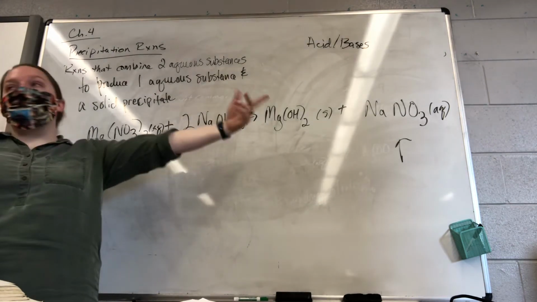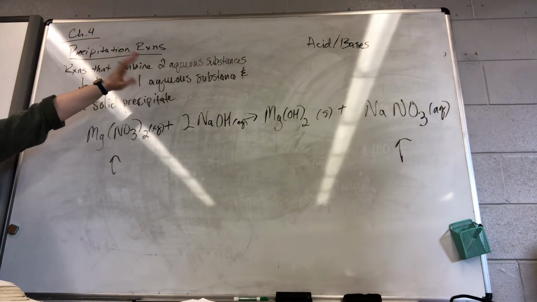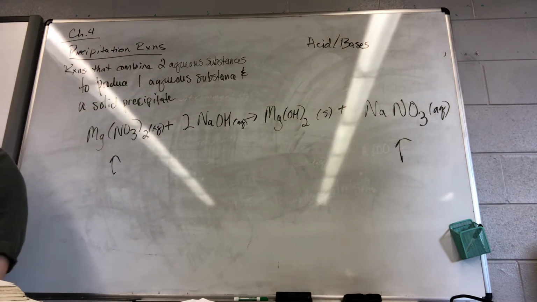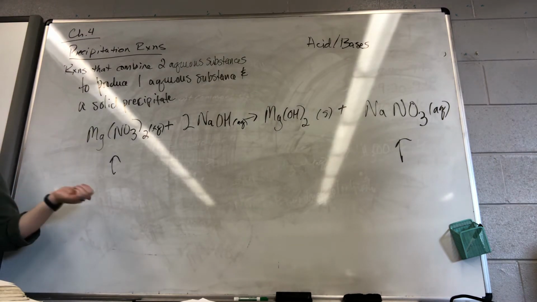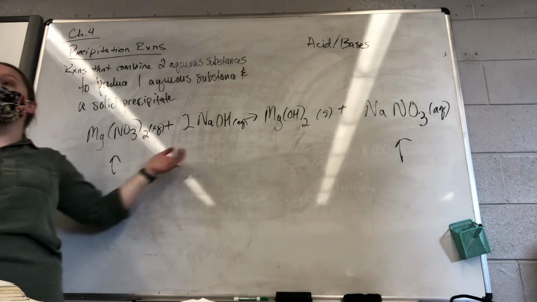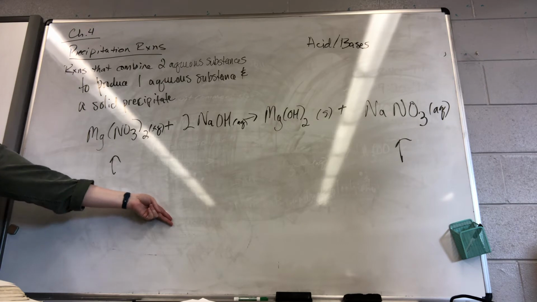But how did we know that the nitrates were soluble? We used the table from chapter 4. Don't forget that that was definitely something we did. And in predicting our precipitation reactions, what was the next thing we did with those precipitation reactions? Do you remember? No, I think I'm ahead of myself. Okay.